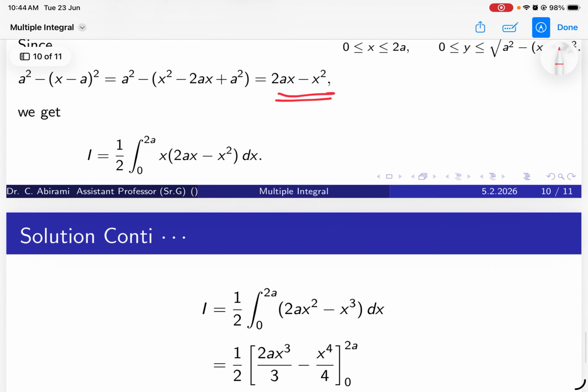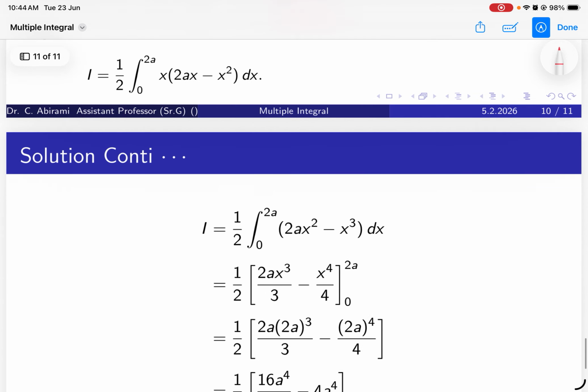Now you can multiply each and every term. Integral of x squared is x cubed by 3, x power 4 by 4. Substitute upper and lower limit. If I substitute the upper limit, 2 by 6, a x cubed, but (2a) whole cubed minus (2a) whole to the power 4 divided by 8. Lower limit 0.